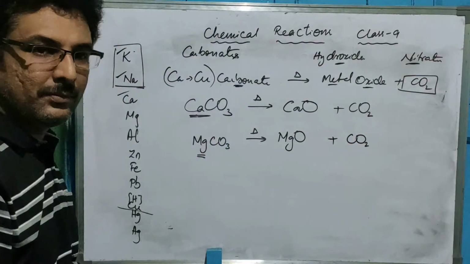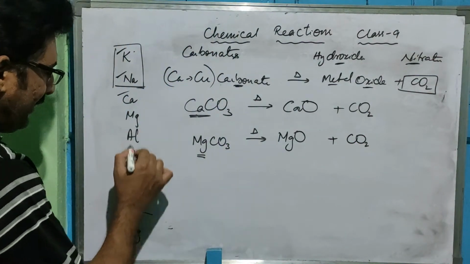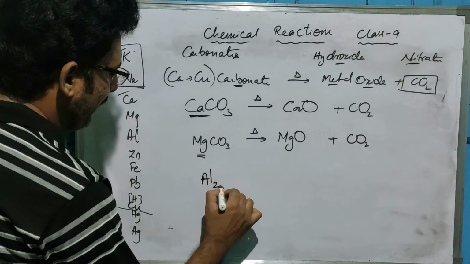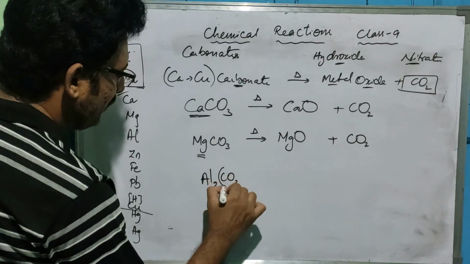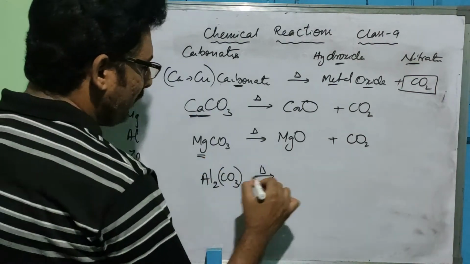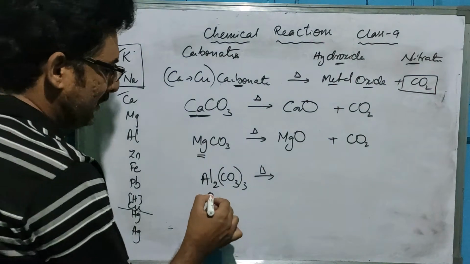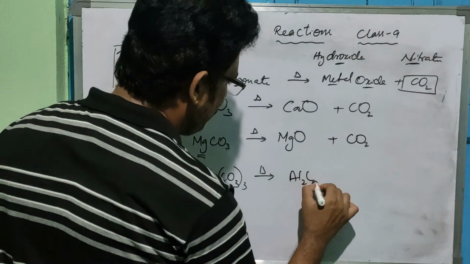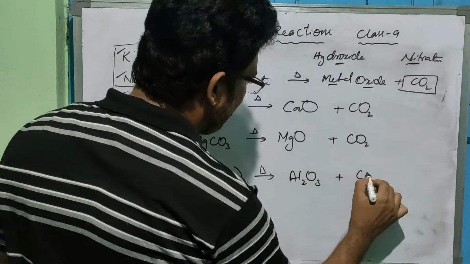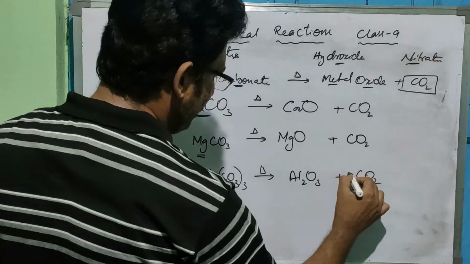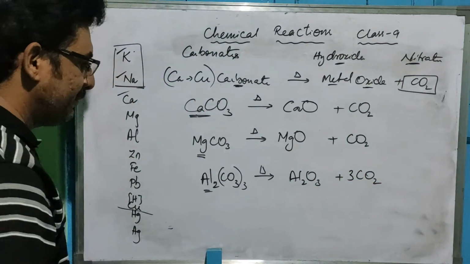And if you take any other metal like aluminium, aluminium carbonate, Al2(CO3)3, on heating it will give you the metal oxide. Aluminium is the metal, so you will get aluminium oxide, Al2O3, plus carbon dioxide. Of course you need to balance this equation, so to balance it you have to write 3 over there.